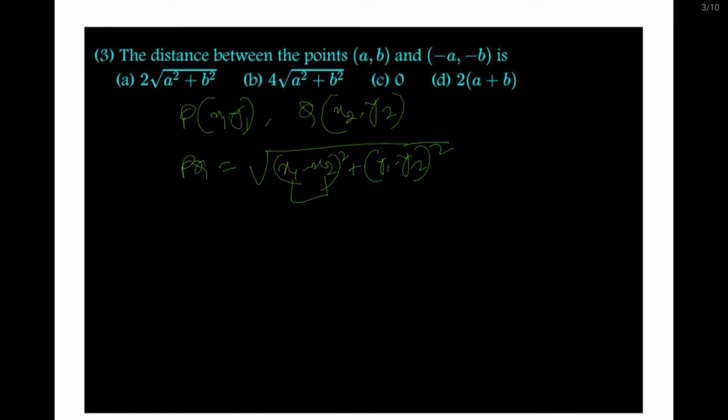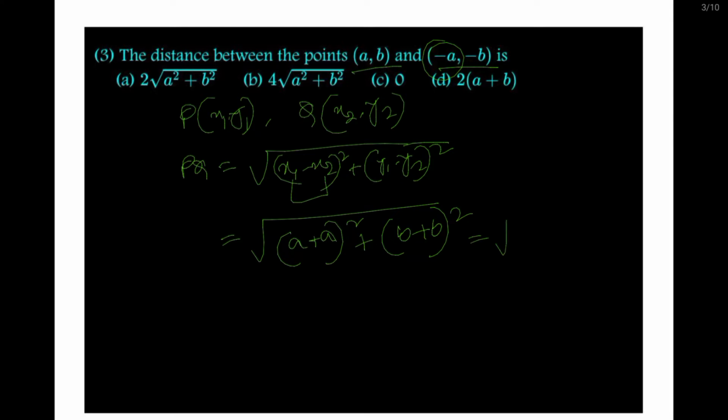And now we have the points P and Q as (a, b) and (-a, -b). So we'll put this as (a minus -a), which becomes a plus a, whole square, plus (b minus -b), which becomes b plus b, whole square.